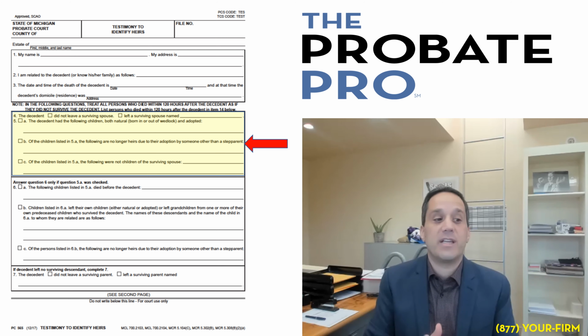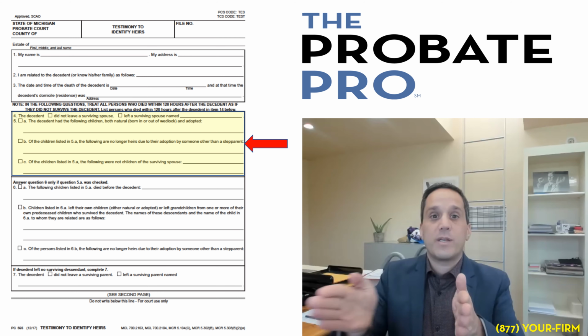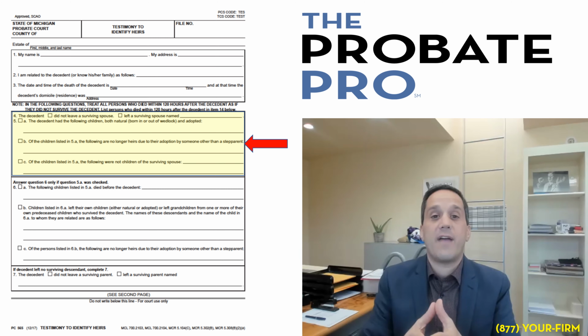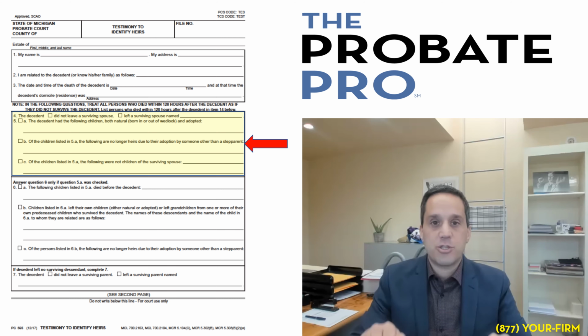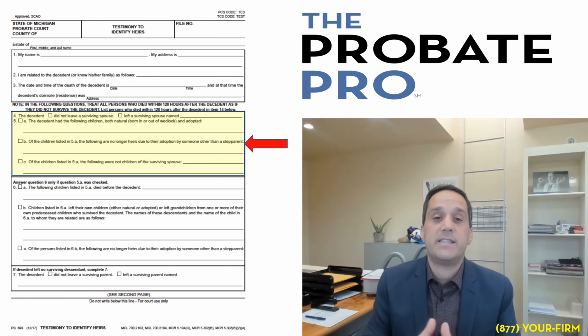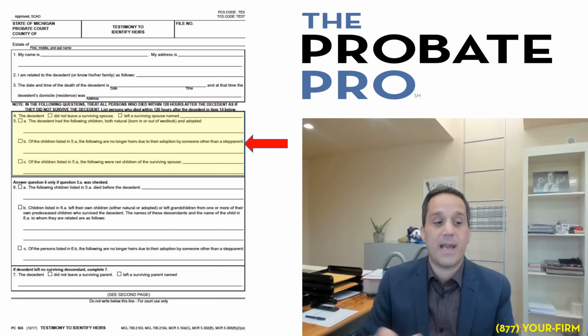The next section is an identification. If you imagine a family tree, we start with the spouse, if there was a surviving spouse, and then we go to children. Spouse and children are the first thing that we identify. In addition, there's a place here to identify if any of the children are no longer heirs due to adoption out, meaning they've been adopted out.